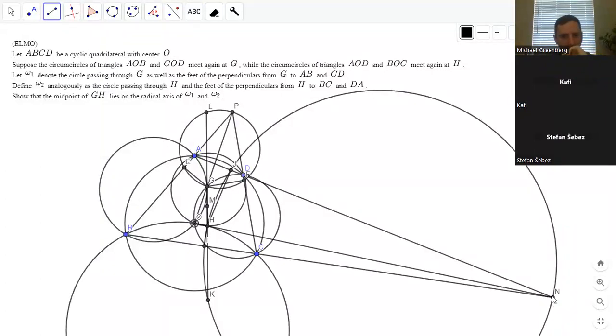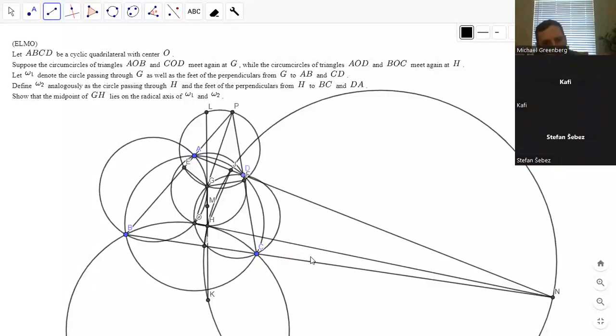And it is well known, let's say by Brocard or something like that, that PH and GN are altitudes of triangle PON. So actually, it's obvious by the radical axis theorem that O, G, and P are collinear and O, H, and N are collinear. Yeah.